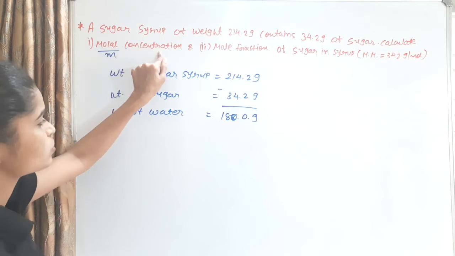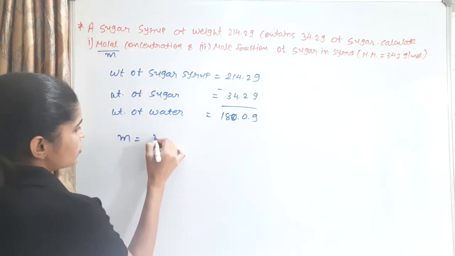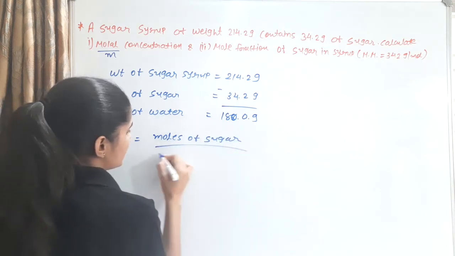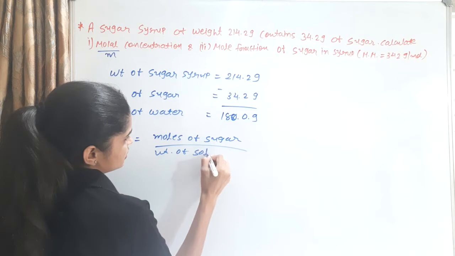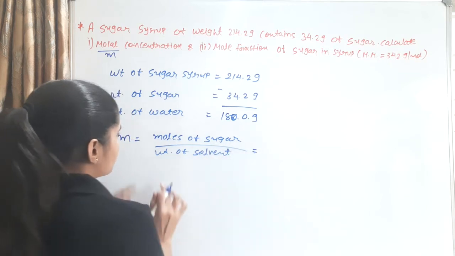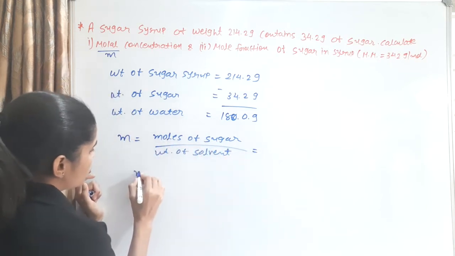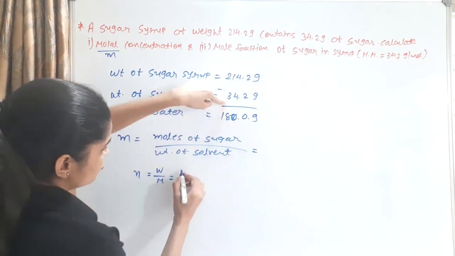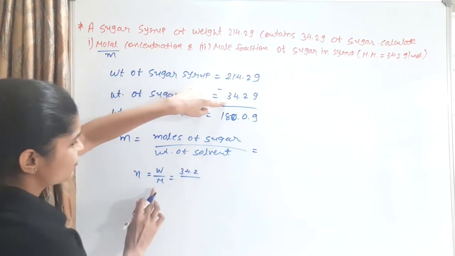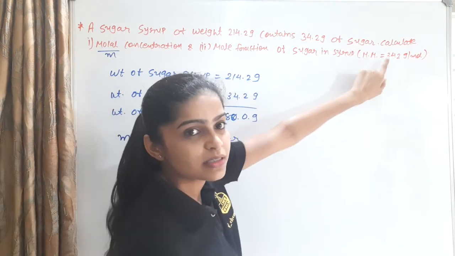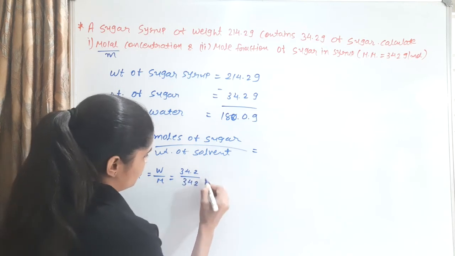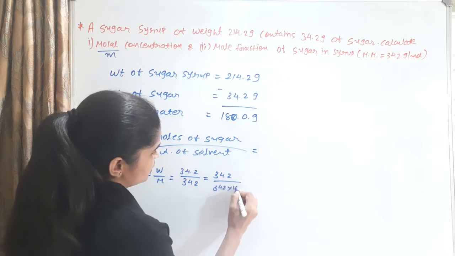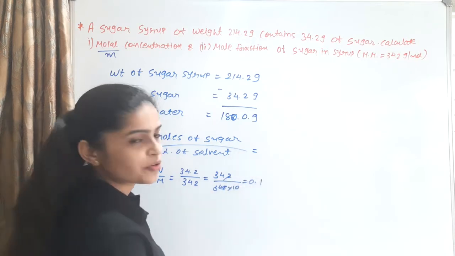Find out the molal concentration. Molality is equal to moles of solute, meaning moles of sugar, divided by the weight of solvent. First find out the moles of sugar. Moles n is equal to W upon M. Weight of sugar is 34.2 divided by molar mass 342, so 34.2 by 342 gives 0.1.